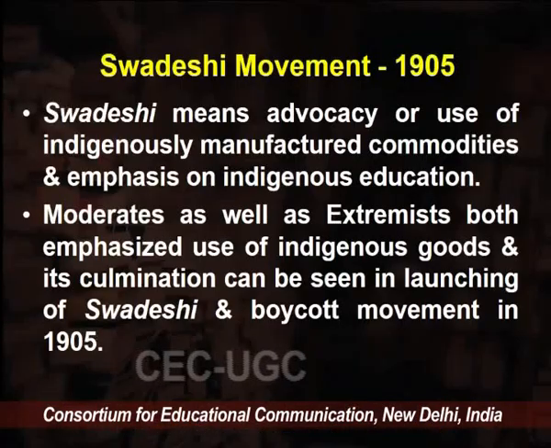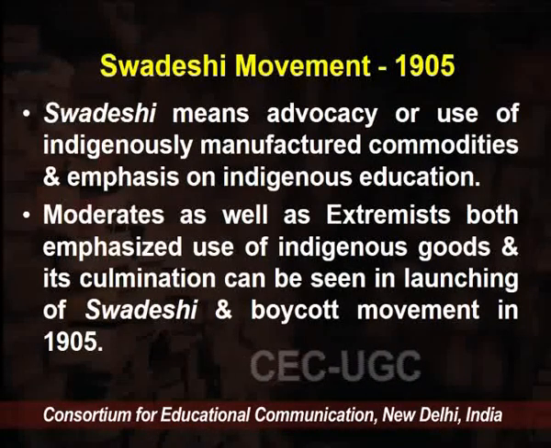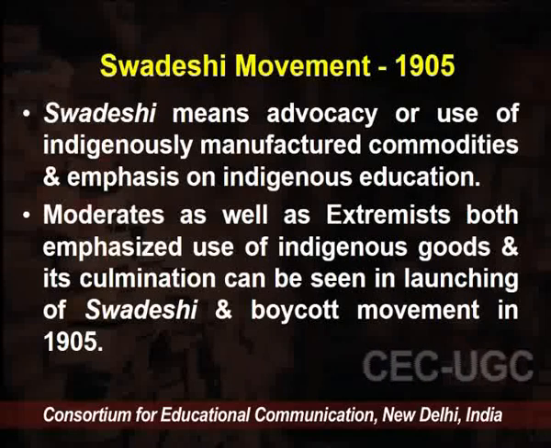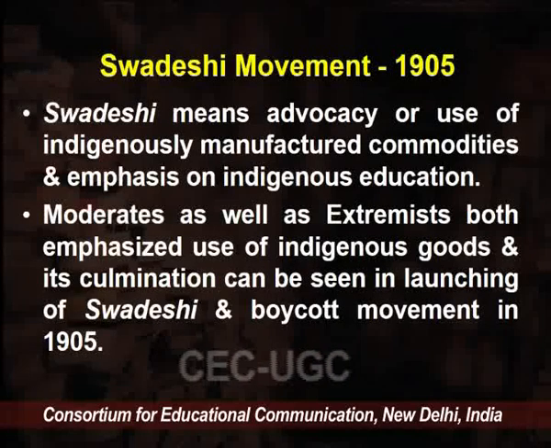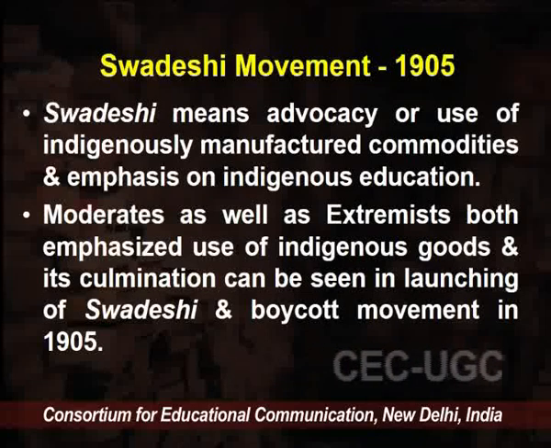We also see that bonfires of foreign cloth, foreign liquor and foreign products were organized in different regions and became popular. Indigenously manufactured commodities were given a lot of emphasis, and both the moderates as well as the extremists supported them.